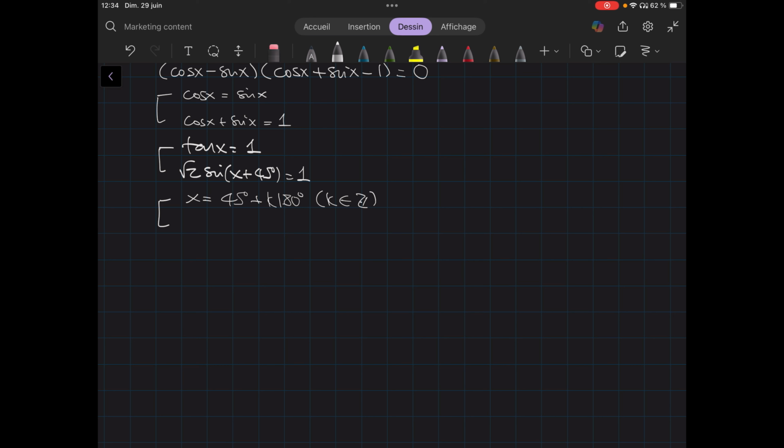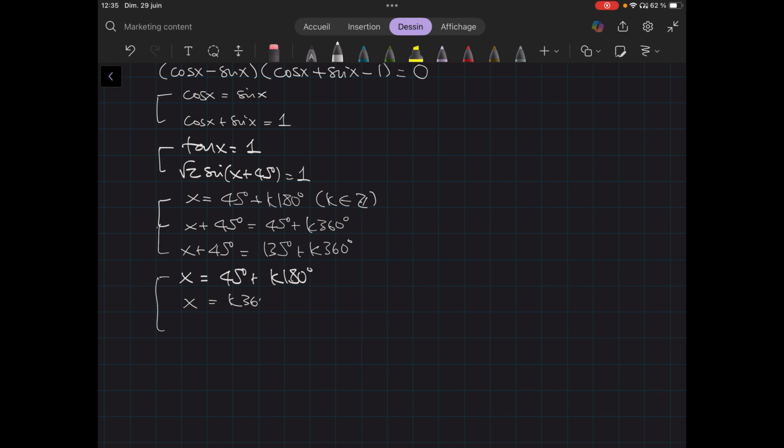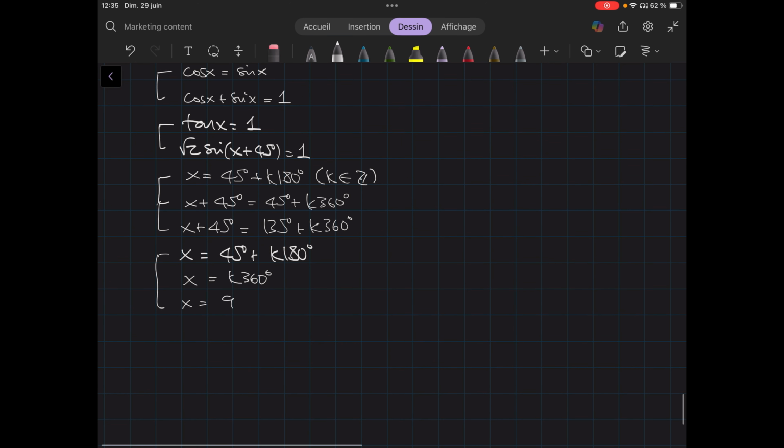For the second equation, x plus 45 is equal to 45 degrees plus k180, or is equal to 135 plus k180. Oh, sorry, k360. First equation is solved, keep it like that. The second equation, x is equal to k360. And the third one, x is equal to 90 degrees plus k360.